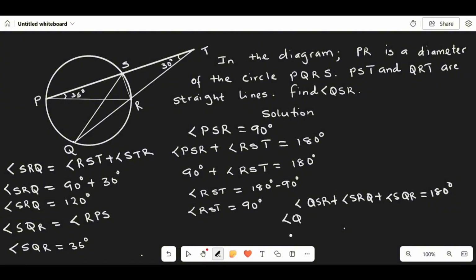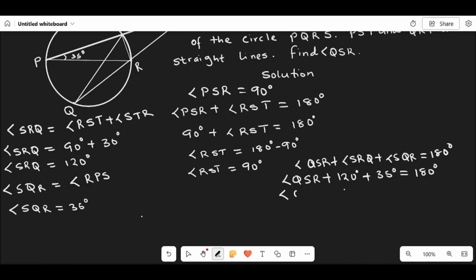Angle QSR plus 120 degrees plus 35 degrees equal to 180 degrees. 120 plus 35 gives us 155 degrees, so angle QSR plus 155 degrees equal to 180 degrees.